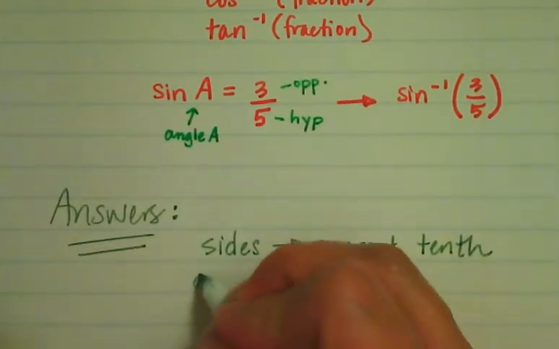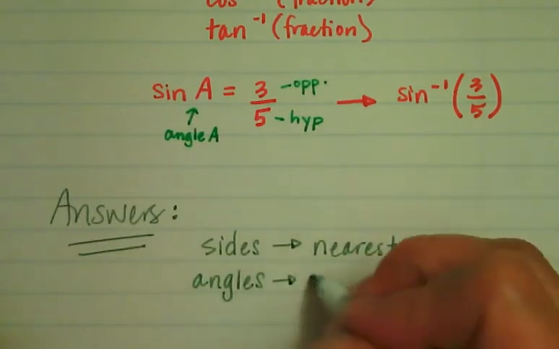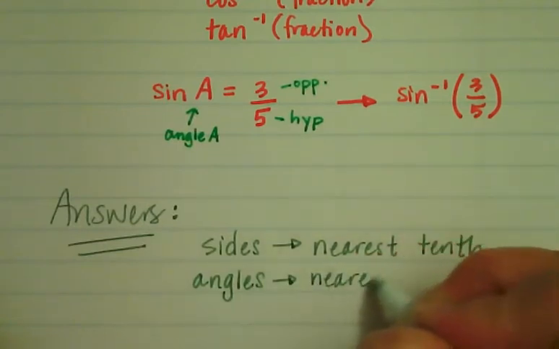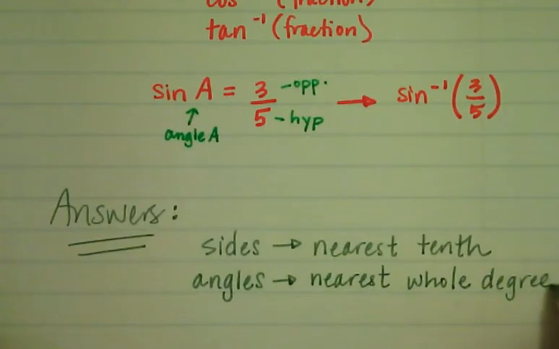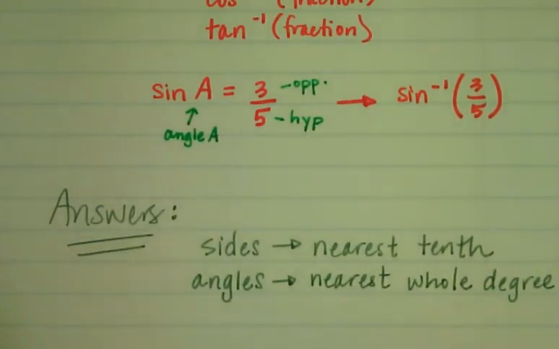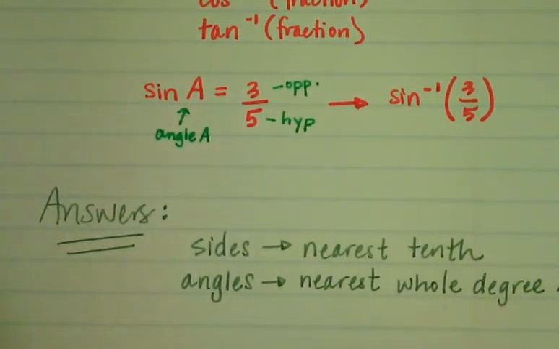If you are finding the answer to an angle, we're going to go to the nearest whole degree. So that's how we're going to work our answers. The sides of our triangles will go to the nearest tenth, so 1 decimal place, but for the angles, we're going to go to the closest whole degree.